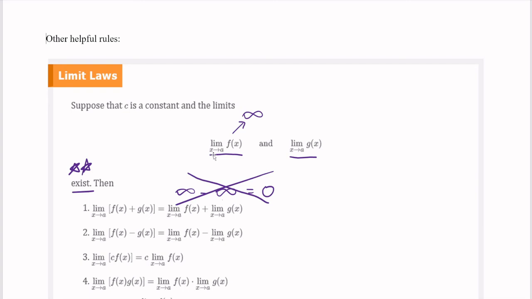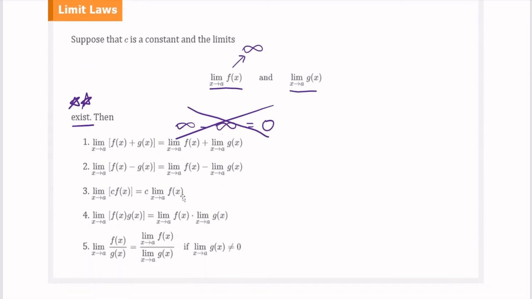But the great thing is, if you can remember that I can only do these things if each limit exists individually, then all these rules are very easy to do. Addition inside, we'll just split it up. Subtraction, split it up. A constant, some number, is being multiplied by my function. This is a really useful one.